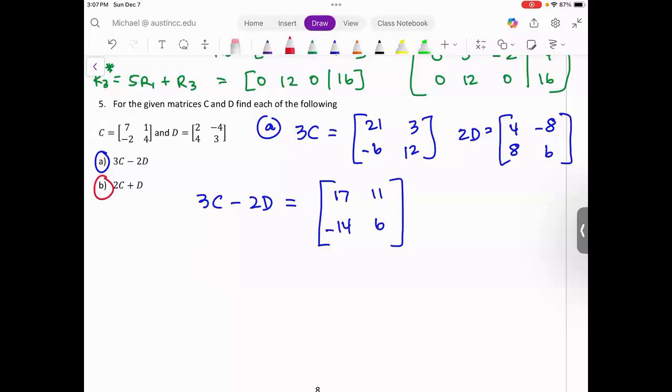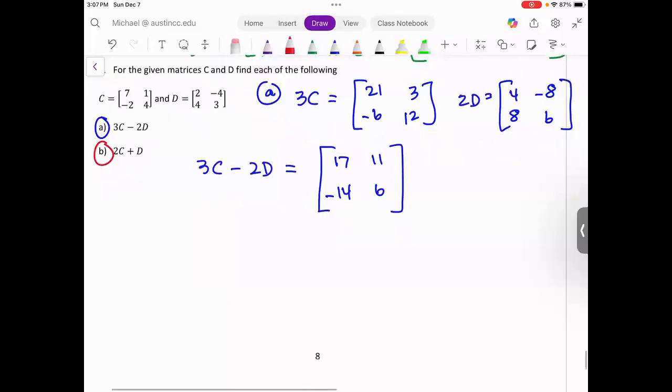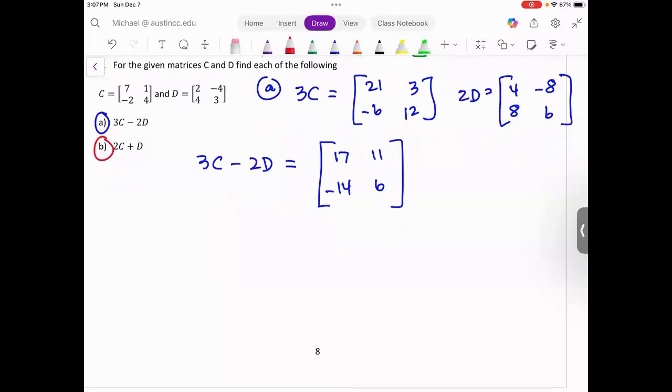And then for 2c plus d. So our 2c is going to be 4, -8, 8, and 6. Oh, that's 2d. Sorry. I'm just messing up here. Okay, let's try this again. 2c is going to be 14, 2, -4, 8.